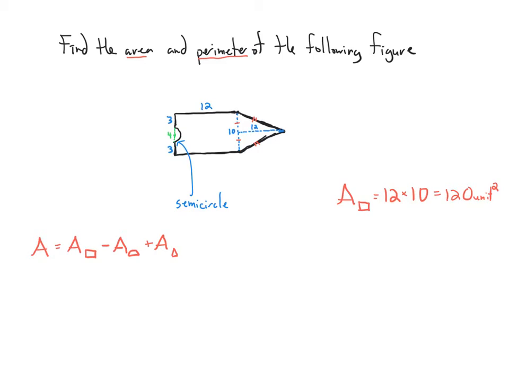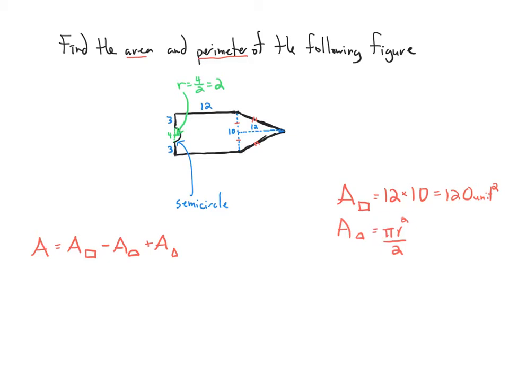So what's the radius going to be? The radius here, in solid green that I'm going to draw, is half of that. It's 2 units. So I know that the area of my semicircle is going to be the area of the circle with the same radius, but half of it, since it's half a circle.